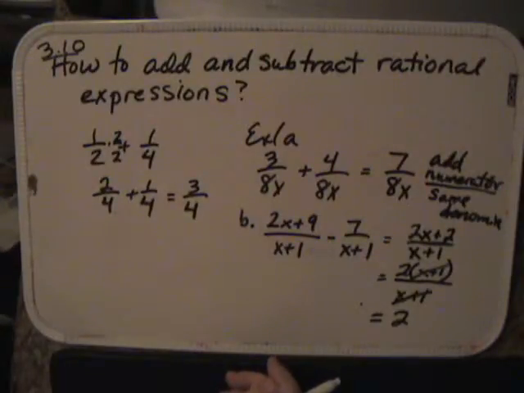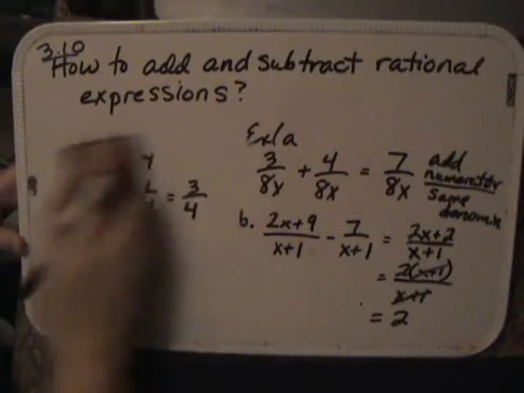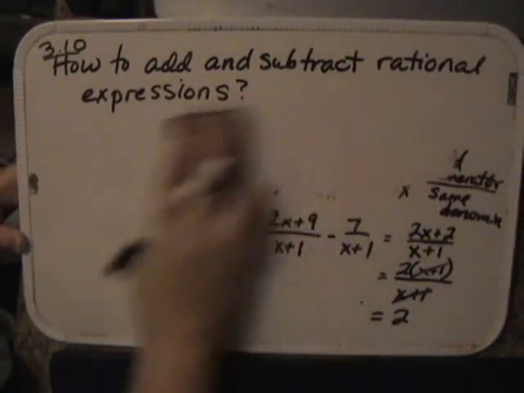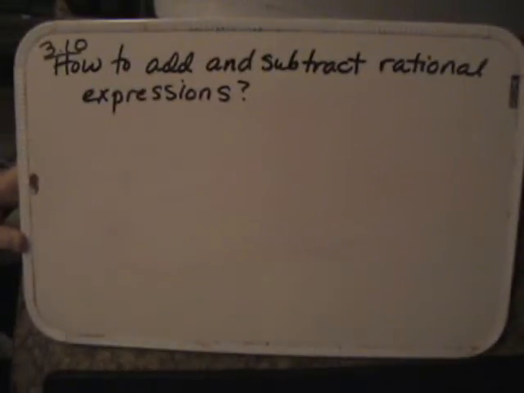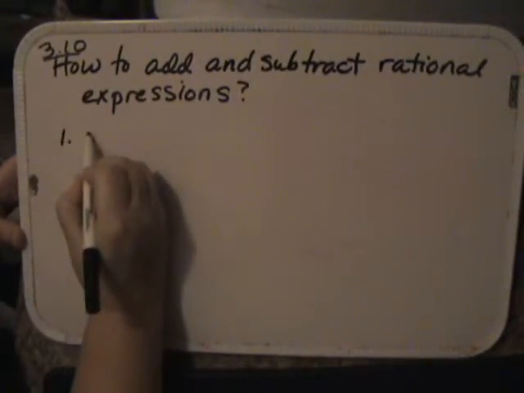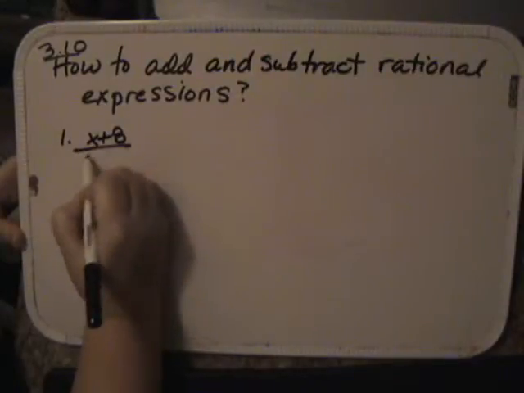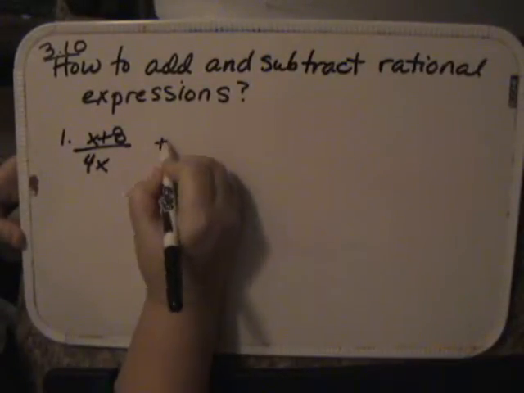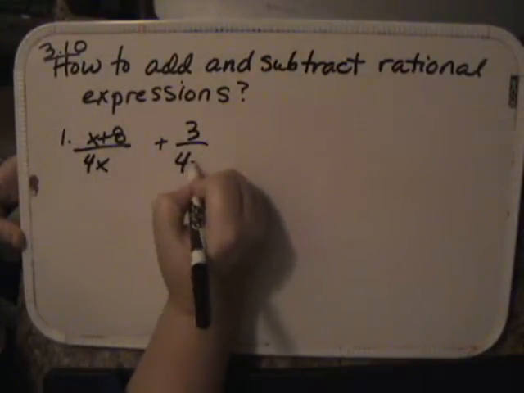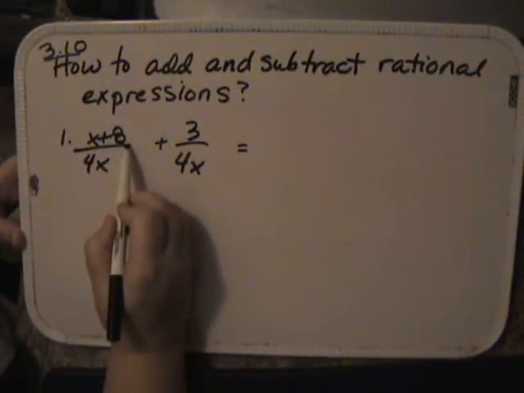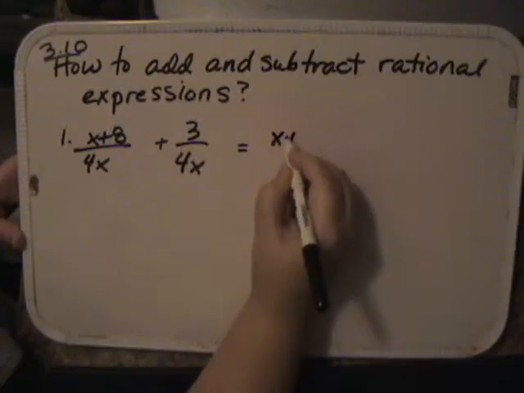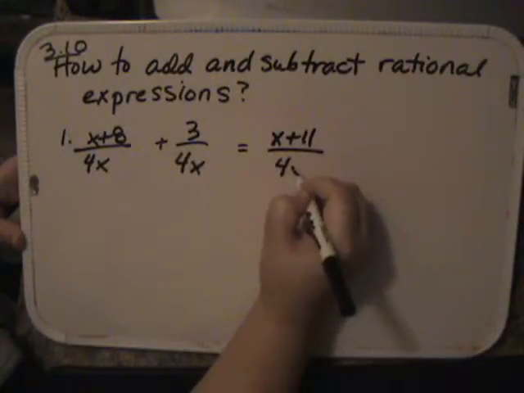If we look at the next problems, 1 and 2, the sample problems, 1 is x plus 8 over 4x plus 3 over 4x. And this has the same denominator, so we simply say x plus 8 plus 3, which is x plus 11 over 4x.